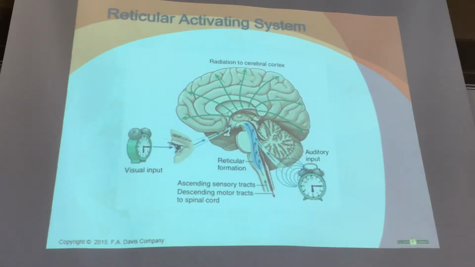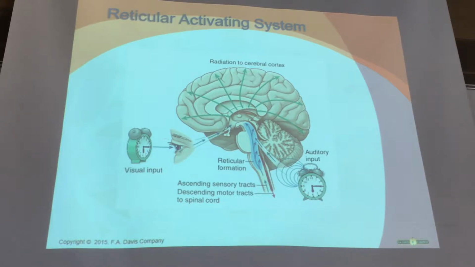So let's talk about one of these packages. What I was saying is I want to package these systems into different little compartments. And so the reticular activating system is a bunch of nuclei, a bunch of the nuclei of the neurons that are scattered throughout the brain stem, and then they extend out to the other parts of the brain and the spinal cord.